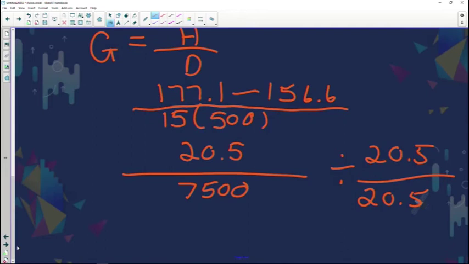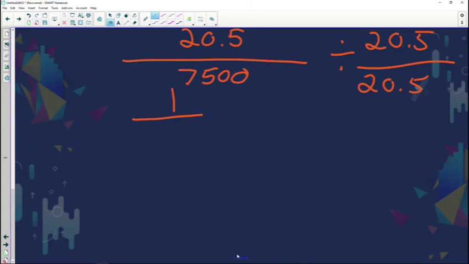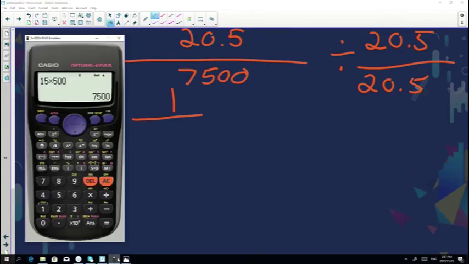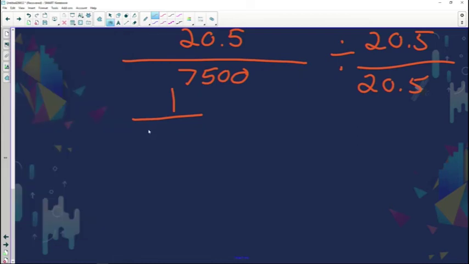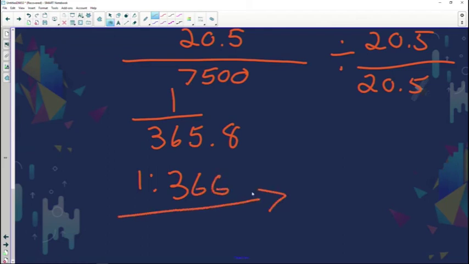So 20.5 divided by 20.5 gives me 1. 7,500 divided by 20.5 gives me 365.8. So that means we need to walk 366 meters for the gradient to increase by a meter.